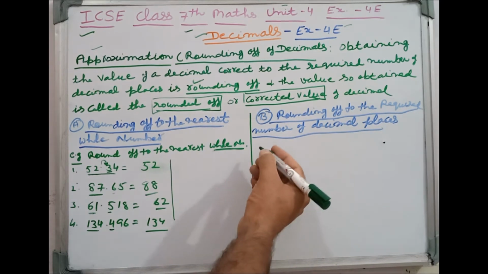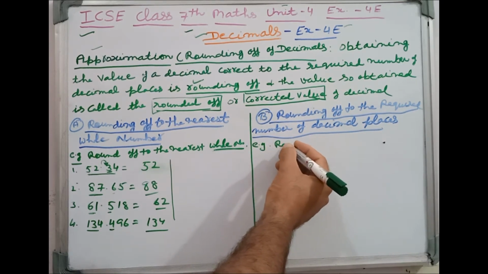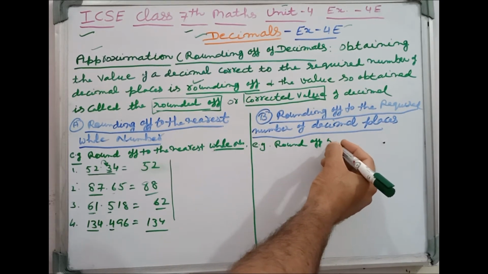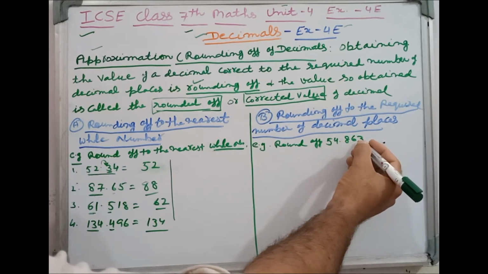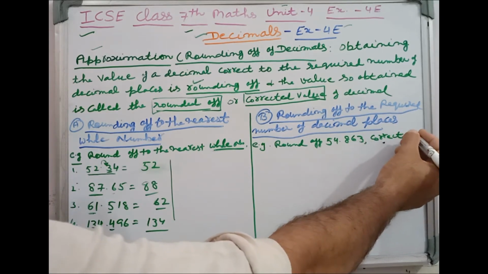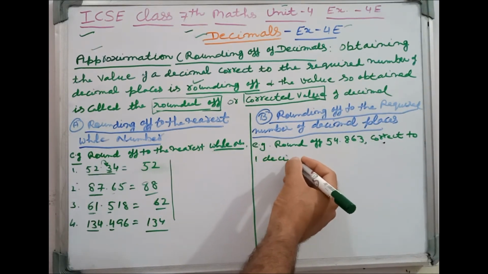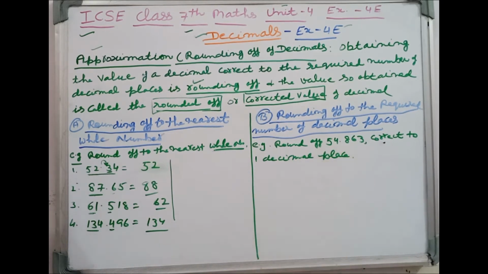So, if the example is round off 54.863 correct to one decimal place, right?